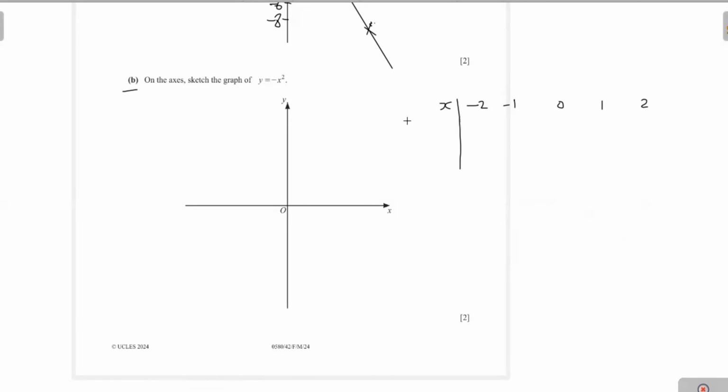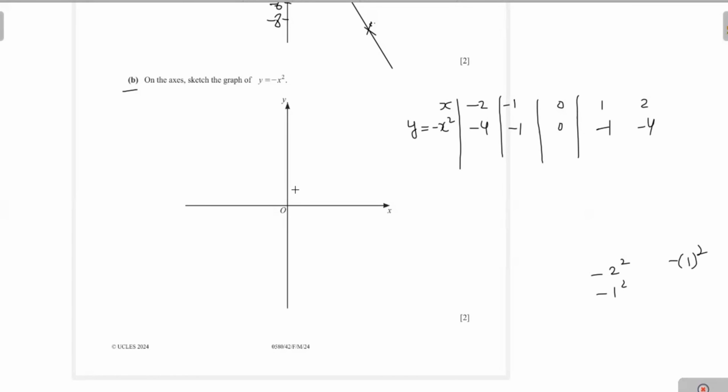Against these values, the value of y will be y equal to minus x squared. Minus 2 squared gives minus 4. Minus 1 squared gives minus 1. 0 squared is 0. 1 squared gives minus 1, and 2 squared gives minus 4.